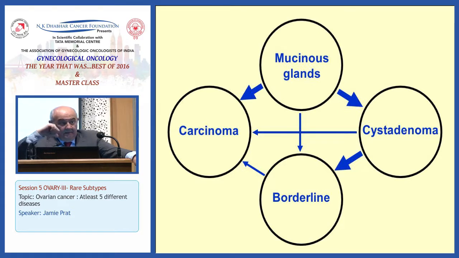And in this case, we had the specimen of risk-reducing salpingo-oophorectomy with STIC, right? You get it? Carcinoma in the tubal mucosa, and then this lesion in the peritoneum.